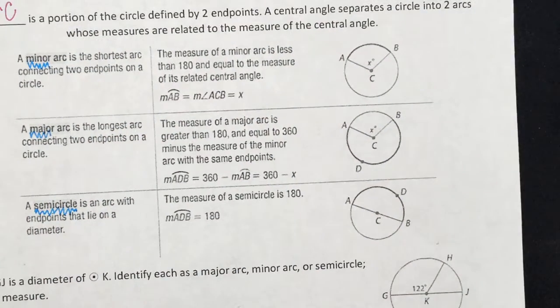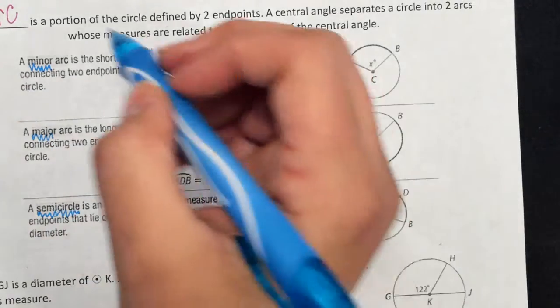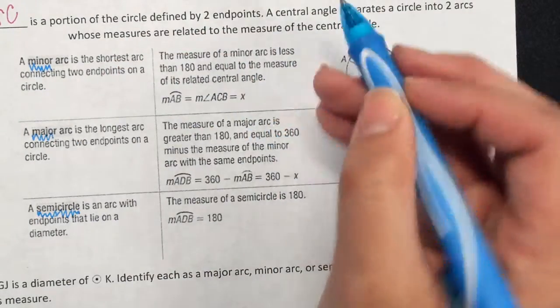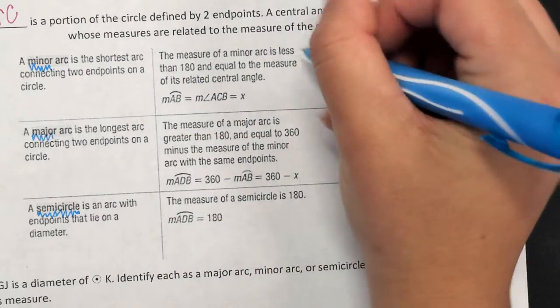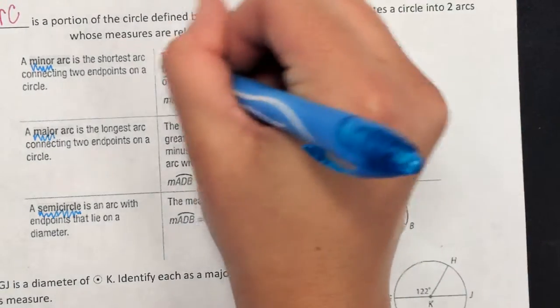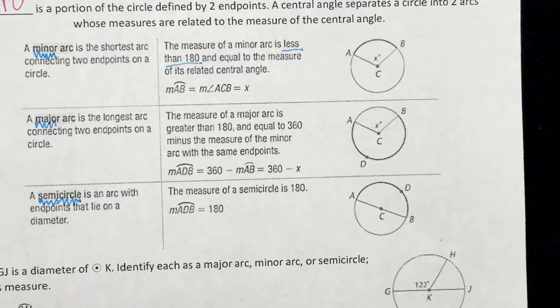Major, minor, and semicircle. A minor arc means that it's less than 180.